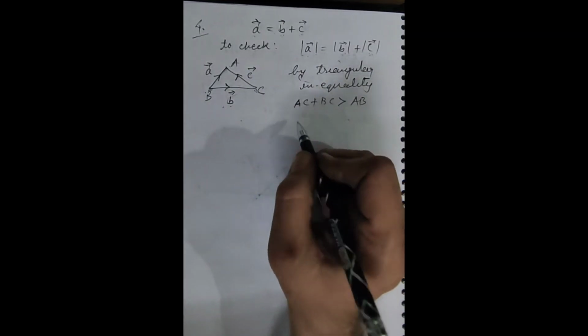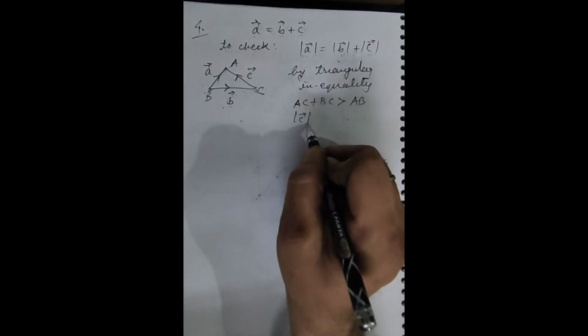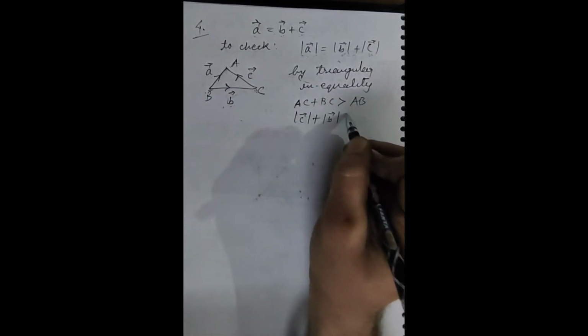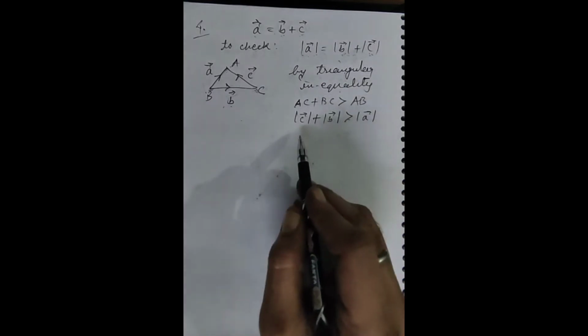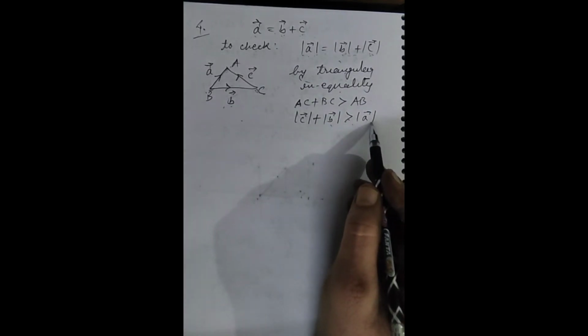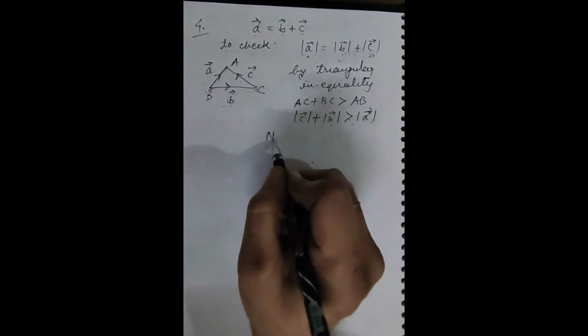Length AC we can write as magnitude of C. BC can be written as magnitude of B, greater than AB. Length AB can be written as the magnitude of vector A. So by the triangle inequality, this sum is always greater than the magnitude of vector A. So the answer to what this statement is asking will be no.